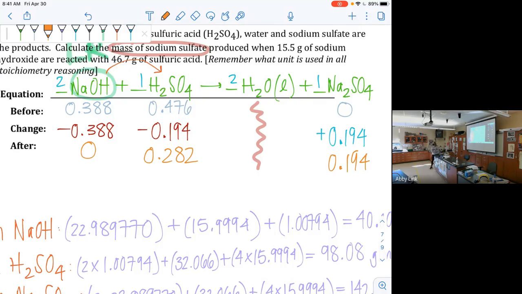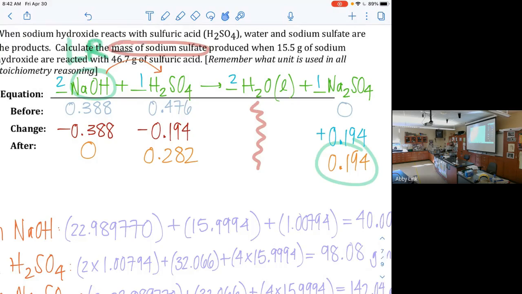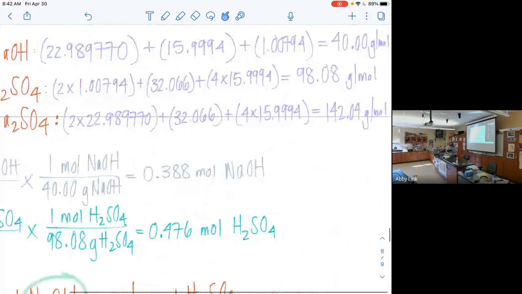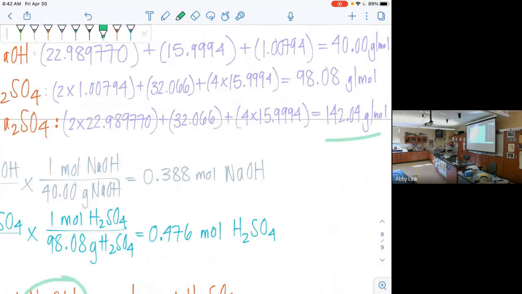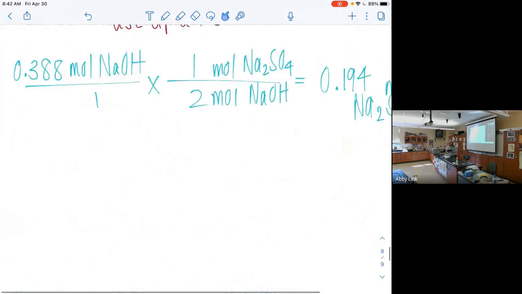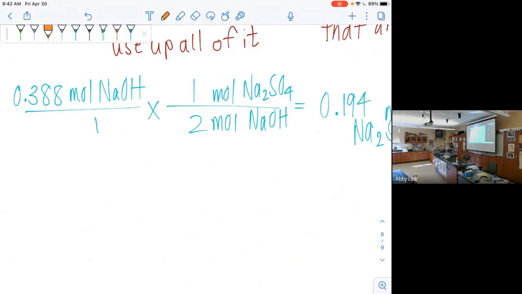All right, now the problem does ask us for the mass of sodium sulfate. I have my moles right here, right? So now I just need to take my moles of that and convert it to grams. And guess what? We already calculated that molar mass, all right? So we're ready to go. We can just start setting this up. So 0.194 moles of Na2SO4.